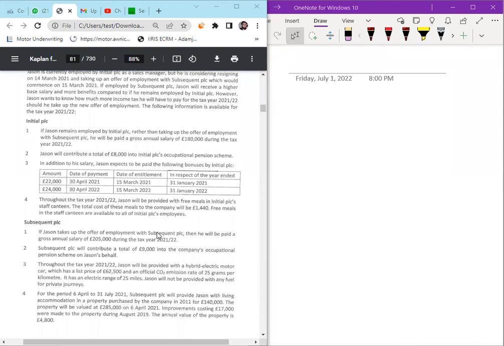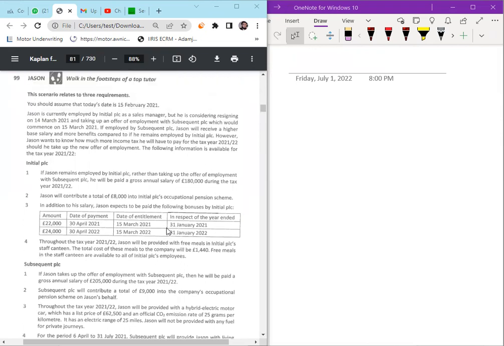So in order to find out, we have to calculate employment income under both circumstances. One is employed with initial PLC, what is his employment income? And then we are going to calculate for employment in subsequent PLC.